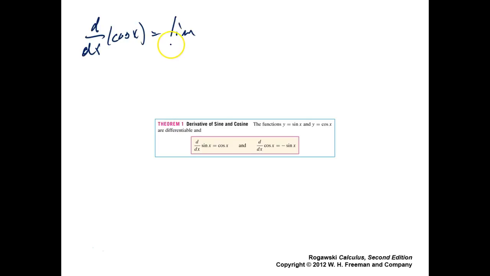You tell me. As h approaches 0 of cosine of x plus h, or minus h? Yep. Minus cosine. Wait, no, you're right. It was a plus there. This is a minus. Cosine x over h.